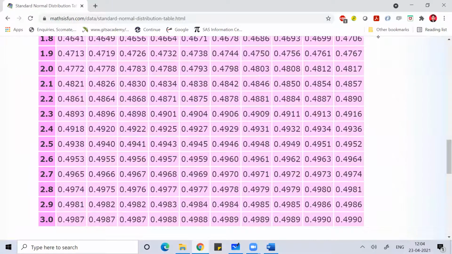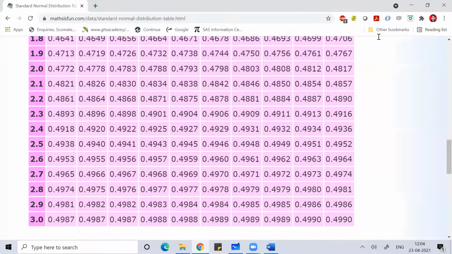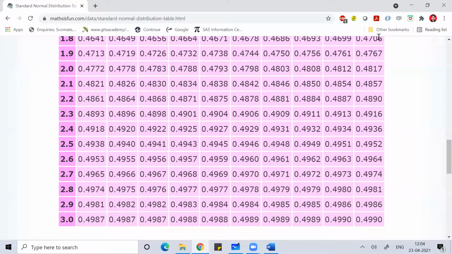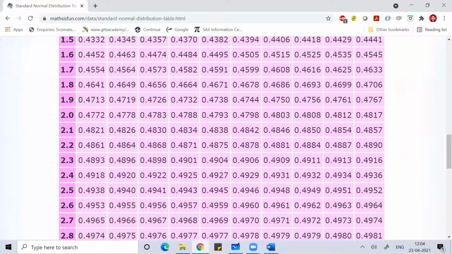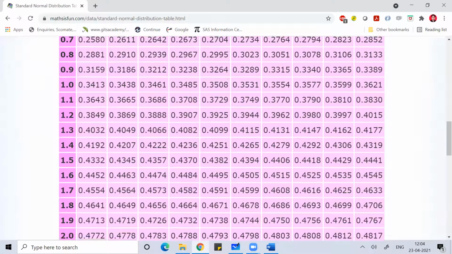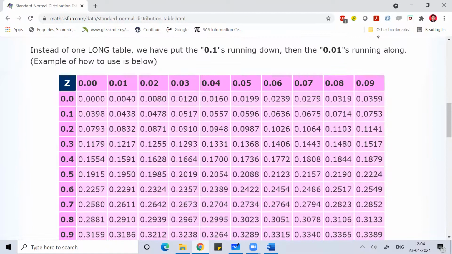Guys, I think you can see 0.495 here. At what value? 2.5, 2.55, 2.57 or 2.58.